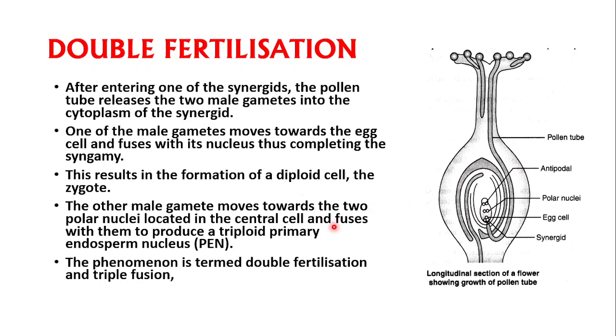Then what will happen? One male gamete which has entered inside will reach and fertilize the egg cell, and another male gamete will fertilize the polar nuclei.